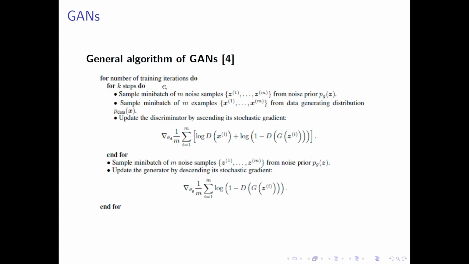And when does it stop? If the generator succeeds in fooling the discriminator, it should stop, because this is the point we want. That means the discriminator doesn't decide whether it is real or fake.